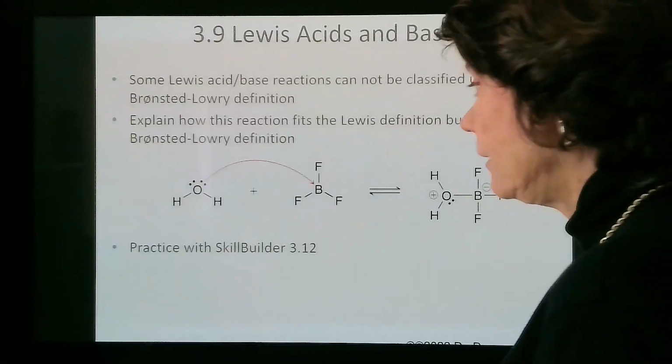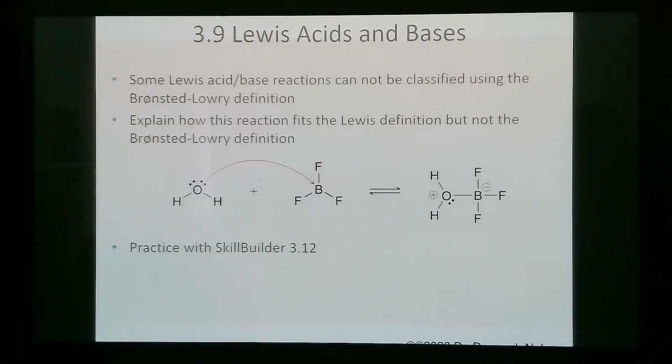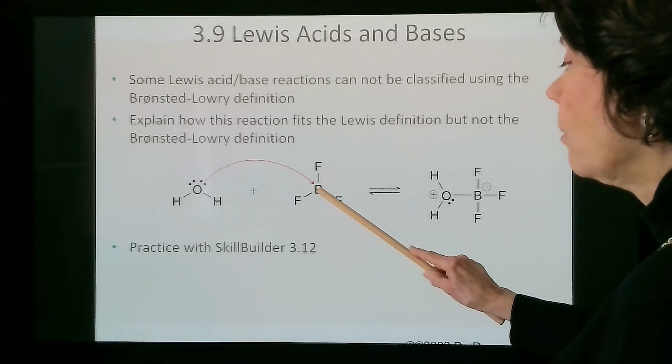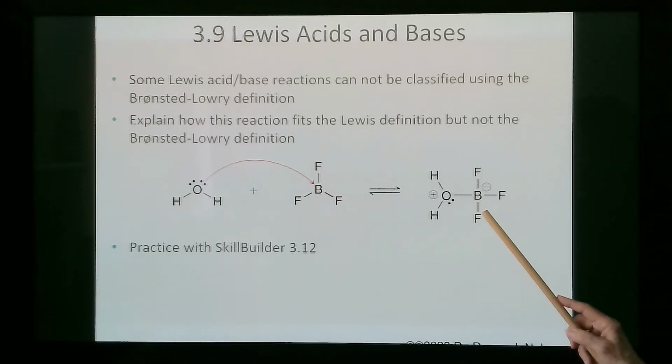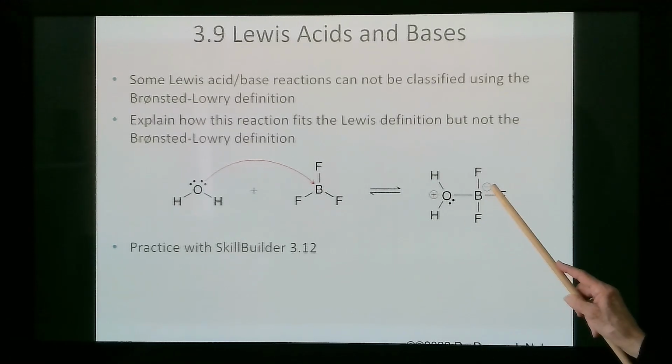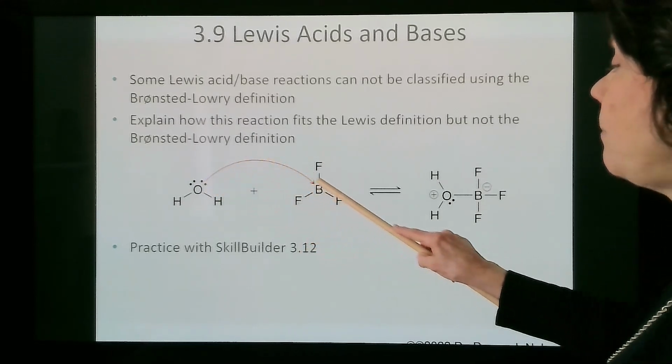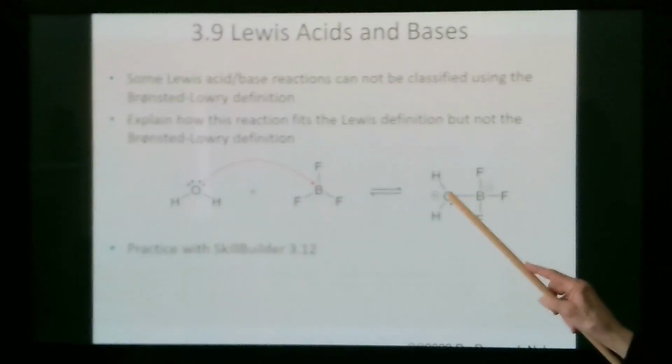Now here's a reaction that does not fit the Bronsted-Lowry definition because there are no protons involved. If there are no protons involved, the Lewis acid and base definition must be used. So here we have a pair of electrons attacking the empty p orbital on boron. The oxygen-boron bond is formed. Boron will bear a negative charge because it has accepted this pair of electrons from oxygen.